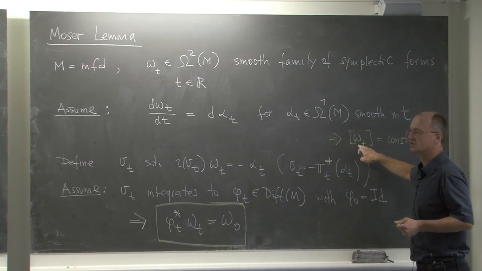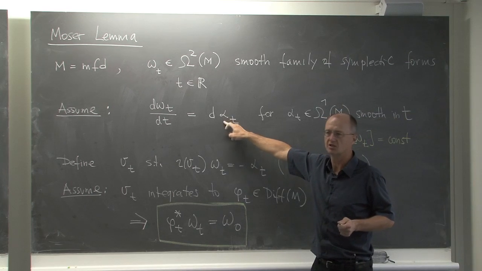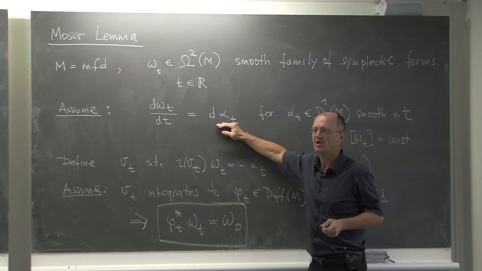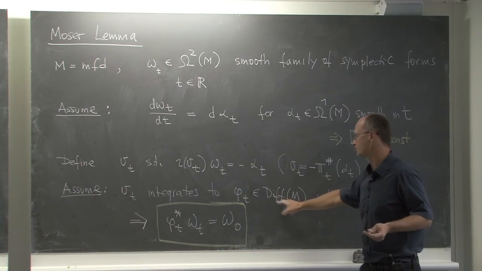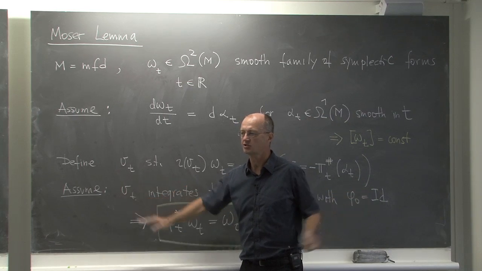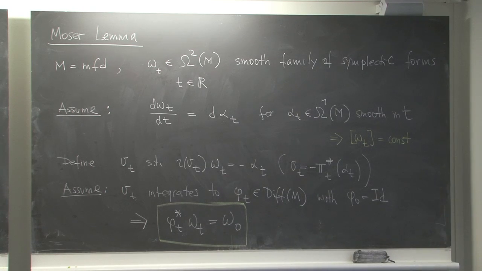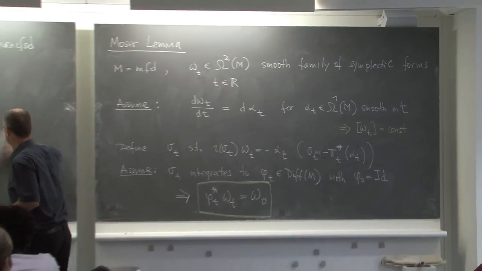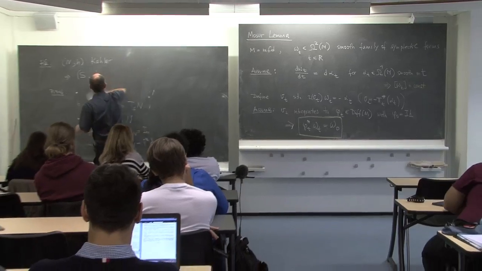If the class of omega t is constant, then in more or less all situations you can produce a smooth family of primitives. Now, this is of course a big assumption. Vt, depending on the situation, may integrate or may not. So let me finish this hour with a very short and elementary proof of the Moser lemma.